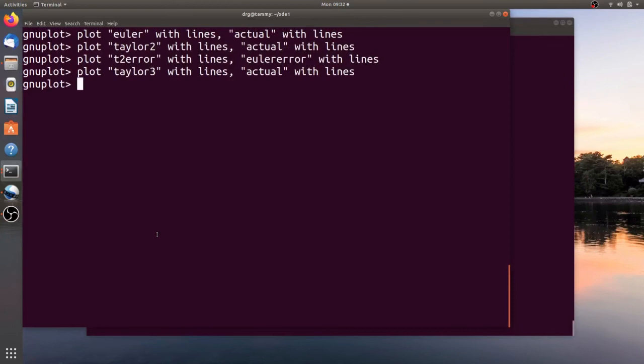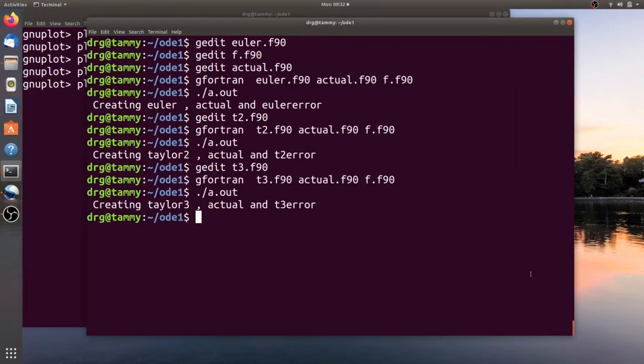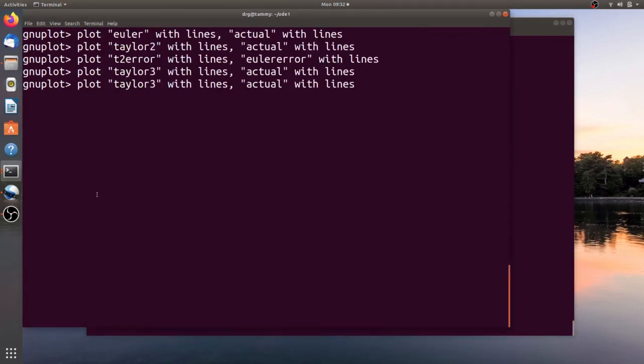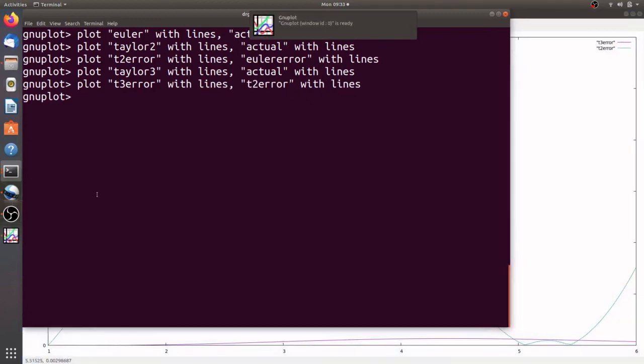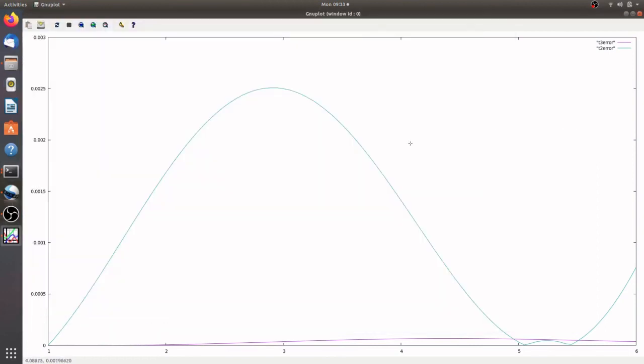If you look at the error for Taylor 3, versus the error for Taylor 2, you see that what you get is pretty much what you expected.